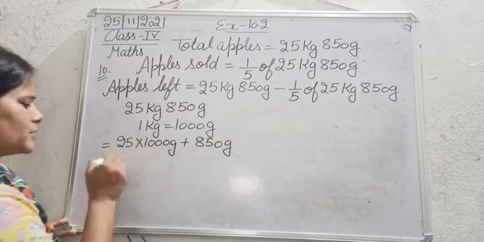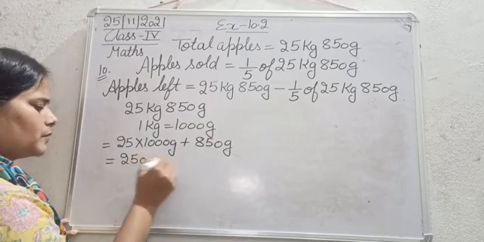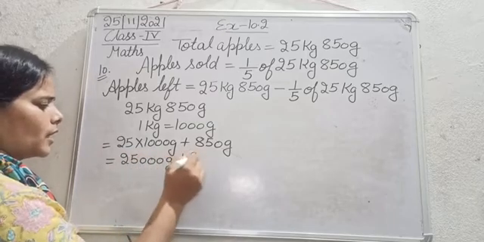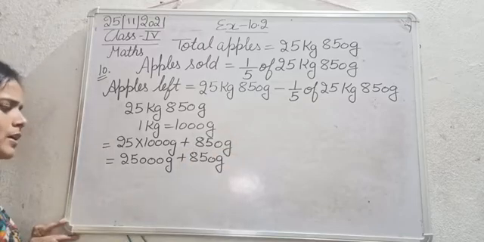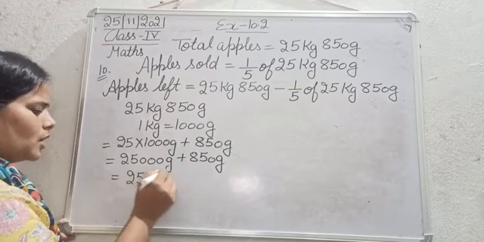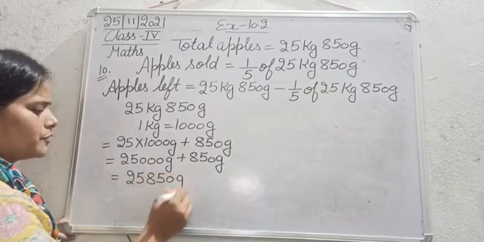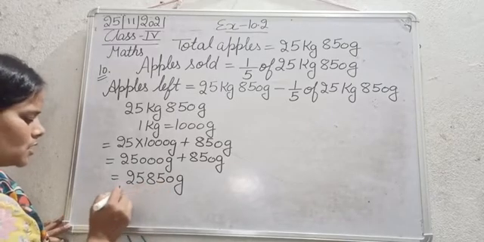Now 25 multiplied by 1000, this is 25,000 gram plus 850 gram. So the total is 25,850 gram.